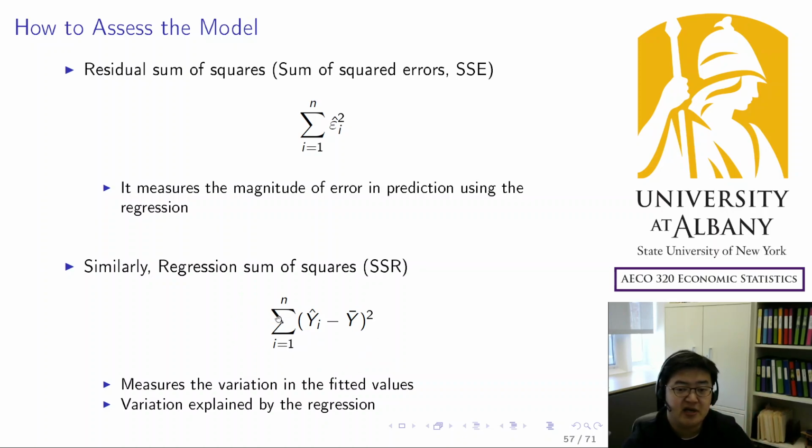So it's not an average, but the summation of the predicted values' squared deviations. It measures the variation in the predicted, fitted values. So this explains how much your prediction moves around, how much you explained the outcome by the regression. Let me show you one more thing.